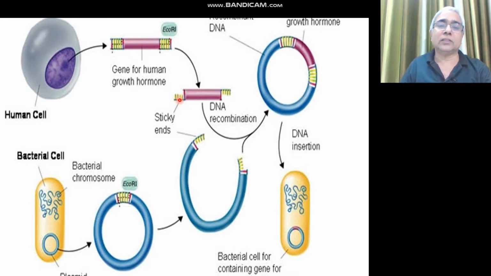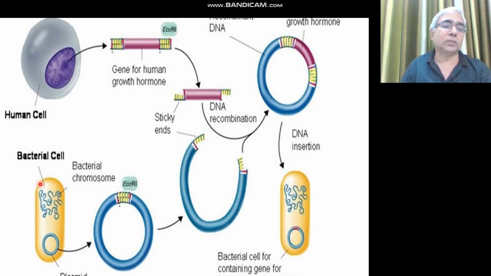And these are very specific nucleotide DNA sequences which are specific for a single restriction enzyme. Now the same restriction enzyme is used to cut the plasmid which is present in the bacterial cell.